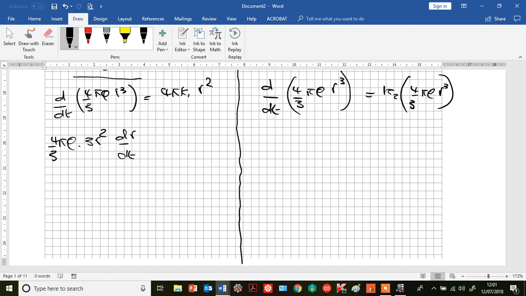That becomes 4 pi rho over 3 times 3r squared times dr by dt, equal to 4 pi k1 r squared.